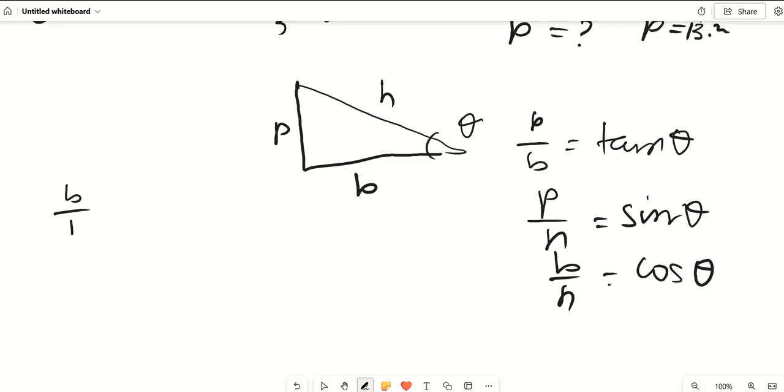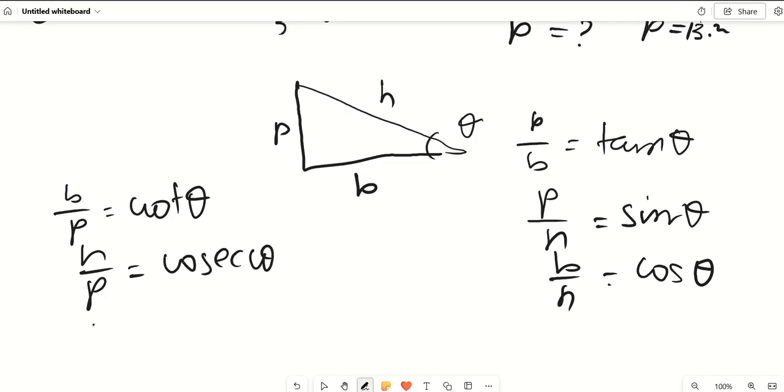So B by P will be cot theta, H by P equals cosec theta, and H by B equals sec theta.